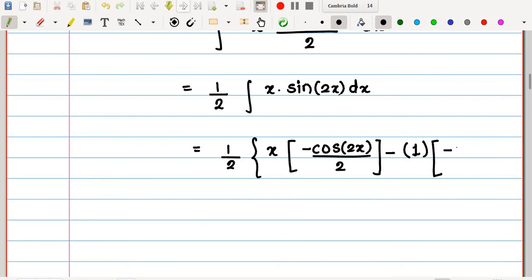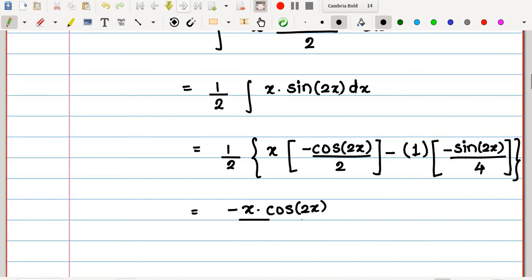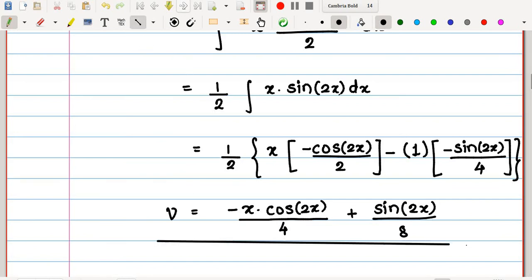So integration of cos 2x is sin 2x upon 2, into 2 in the denominator. So it is equal to minus x into cos 2x upon 4 plus sin 2x upon 8. So this is the simplified value for v. Now we denote it by equation number 3.